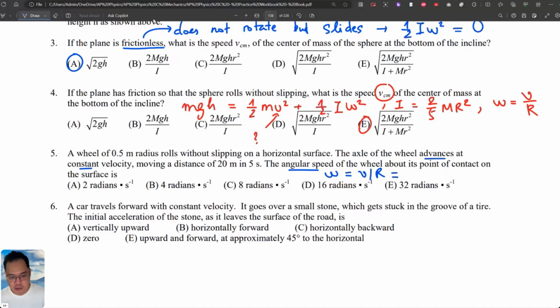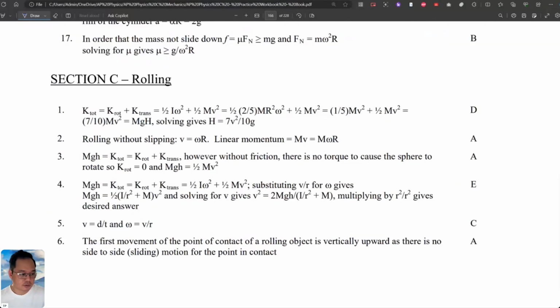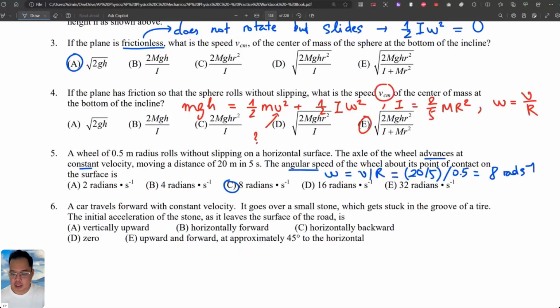V here is simply 20 meters divided by 5 seconds, which is 4, and then divide by the radius, 0.5. So 4/0.5 is 8. Answer is 8 radians per second. Answer question 5, C. Yep, 8 radians per second.